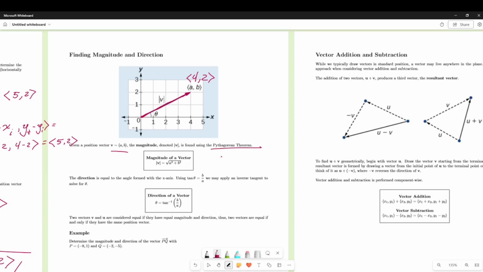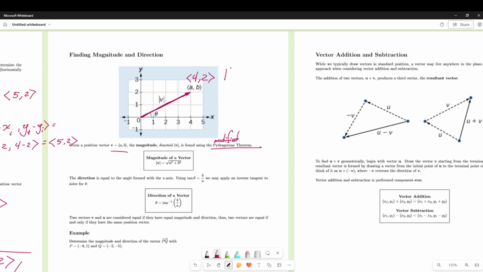Now, it's only sort of the Pythagorean theorem. The Pythagorean theorem would have this magnitude of v being squared. The reason that it's already solved with the square root is because we don't want that plus or minus. Magnitudes are always positive. So it is a slightly modified Pythagorean theorem because we only want the positive version, not the plus or minus. And that's why it's already been square rooted.